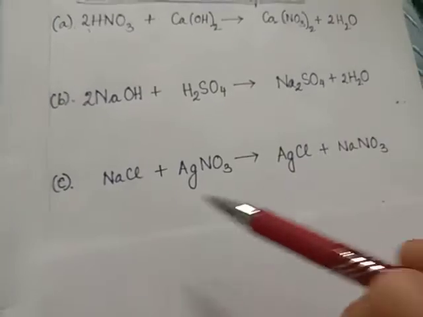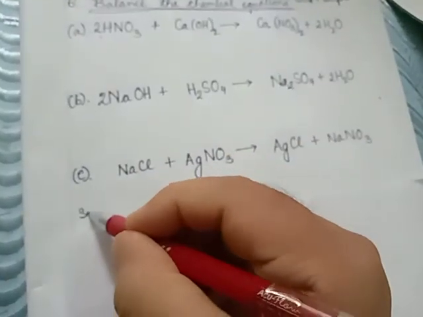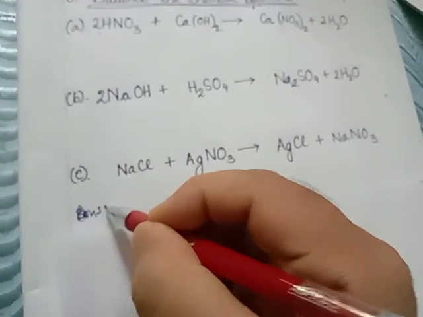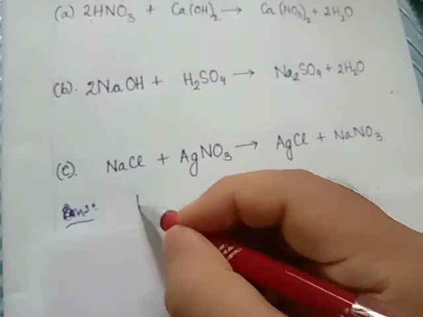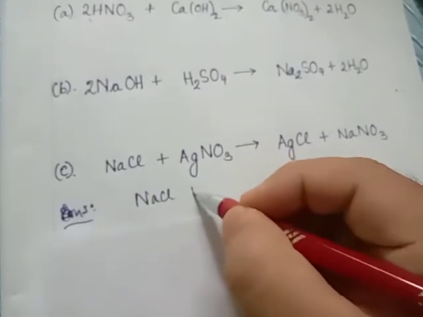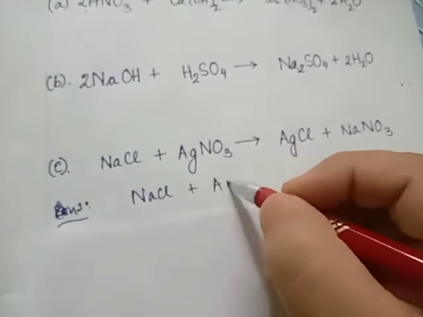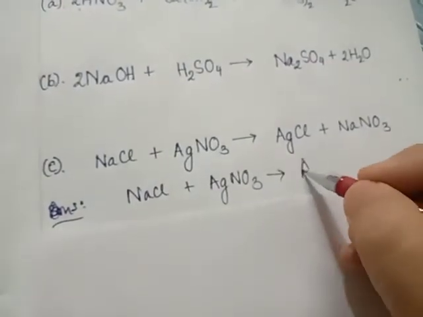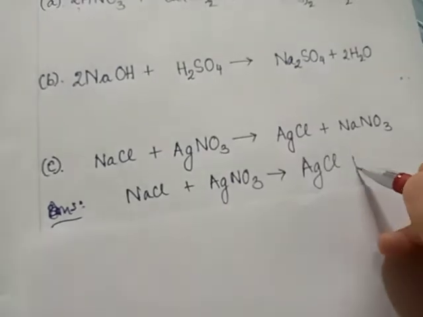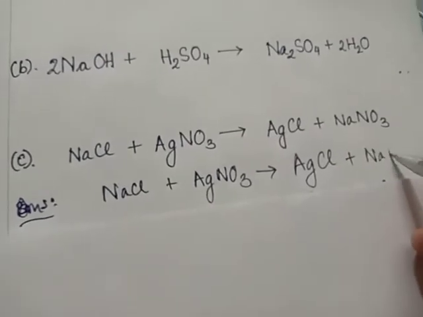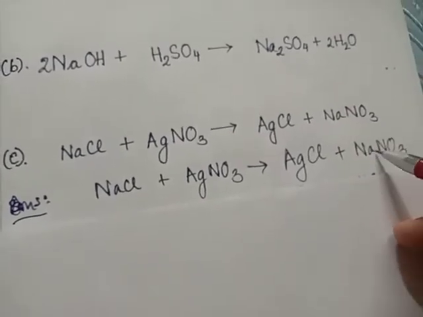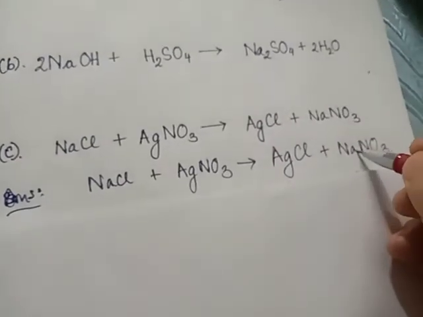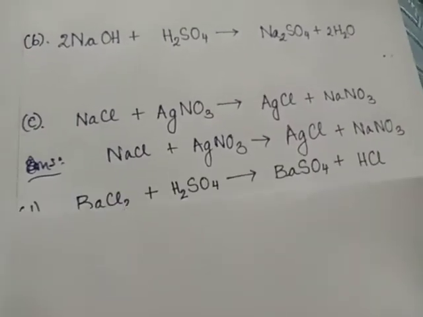So in the exam, when we are required to write the answer, we'll write the same equation as it is. That is sodium chloride plus silver nitrate produces silver chloride plus NaNO3, that is sodium nitrate. Okay, this is how we have to solve it.